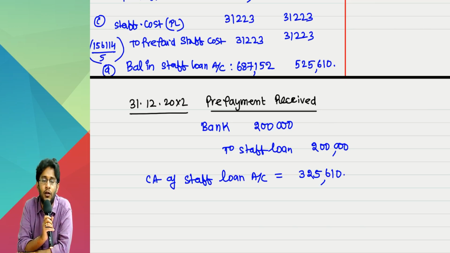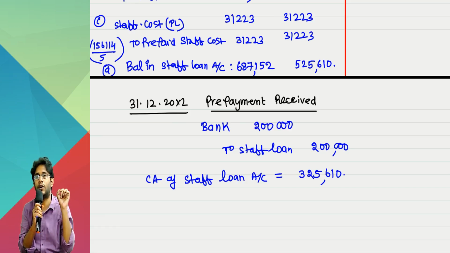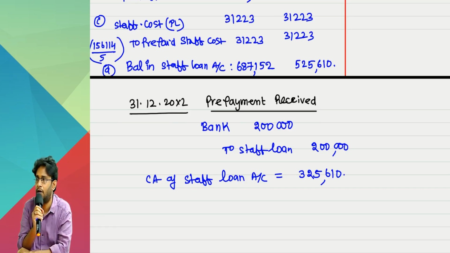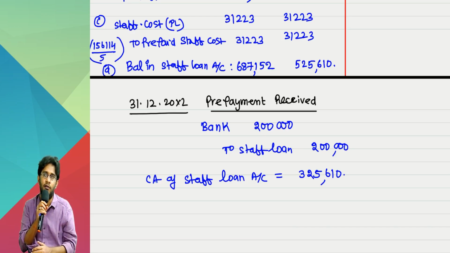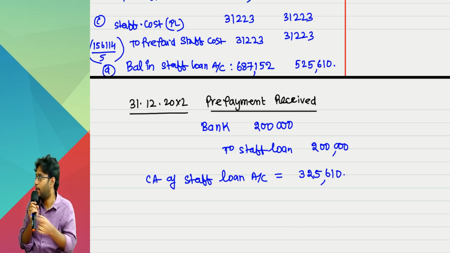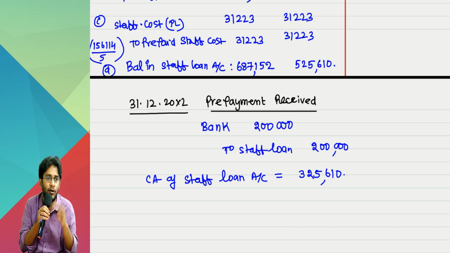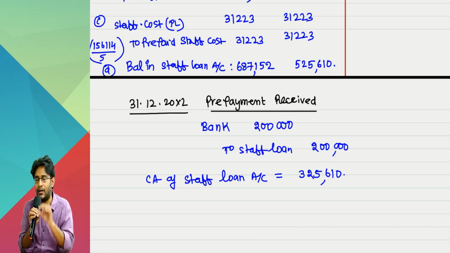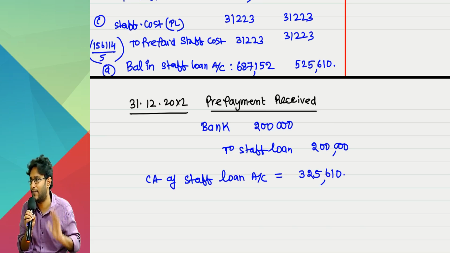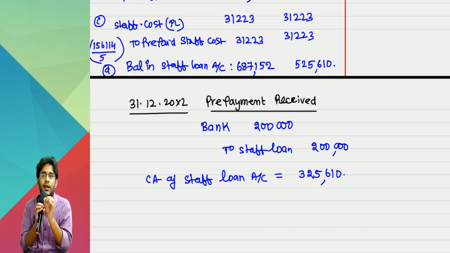Unexpected. That means your original estimated cash flow timings have changed. Original cash flow timing was what? First year 2 lakhs, second year 2 lakhs, third year, fourth year, fifth year, every year 2 lakhs. But now second year you are getting an amount of 4 lakhs. Because of that, your cash flow timings and series have got disturbed. Whenever cash flow payments and schedule gets disturbed, sir, ACM will not work.